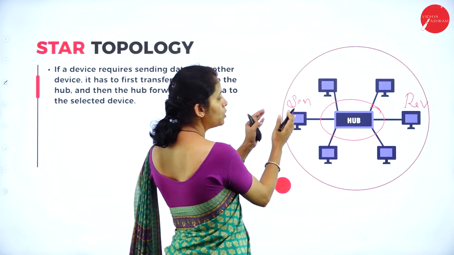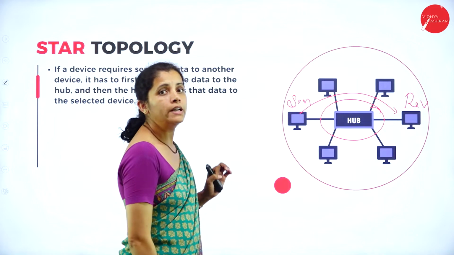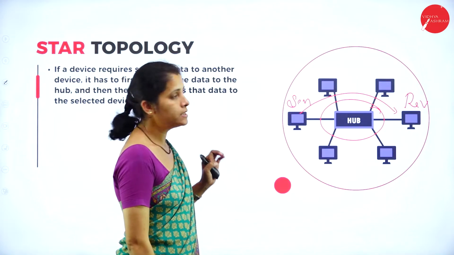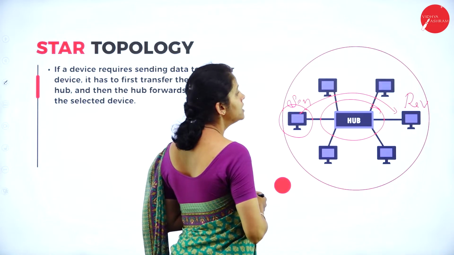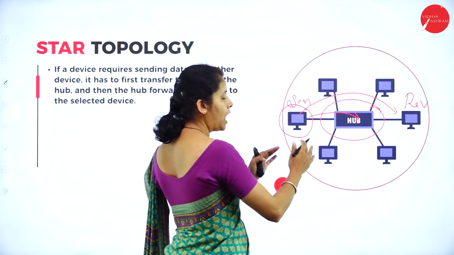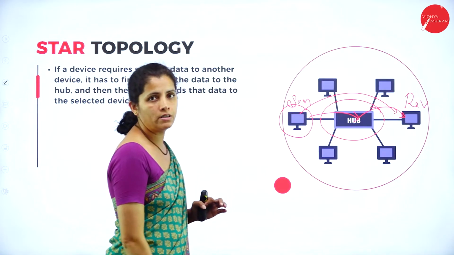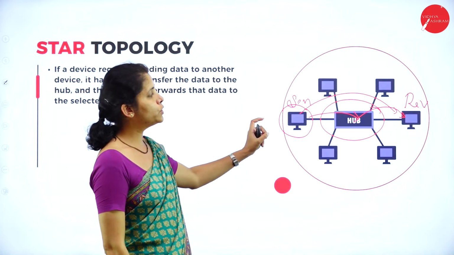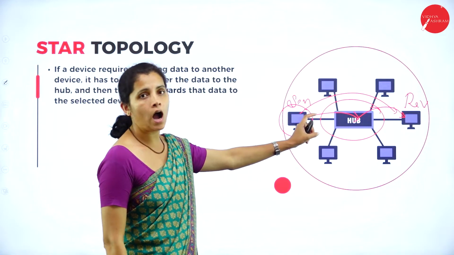Now, the sender wants to send some data to the receiver. How does the data transmission take place? When the sender sends any data, it must go through the hub. From the hub, it reaches the receiver. So, whatever data I send must travel through the hub.